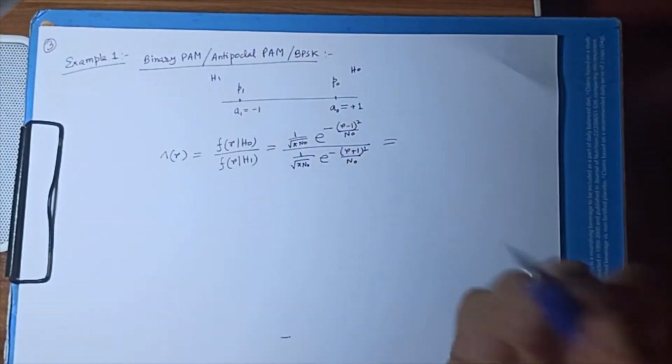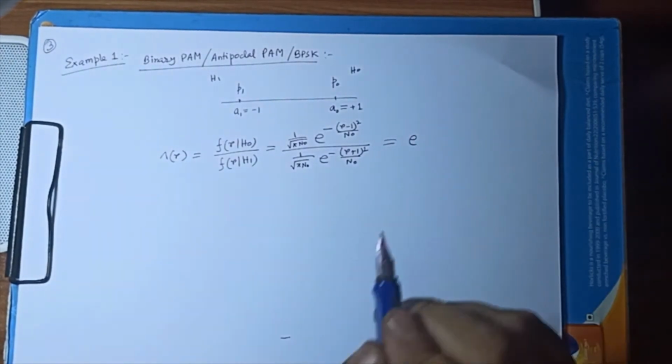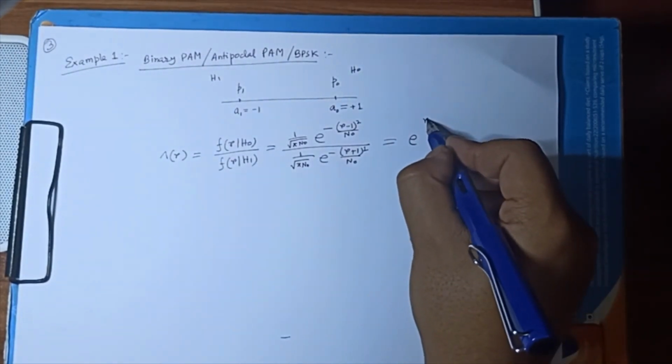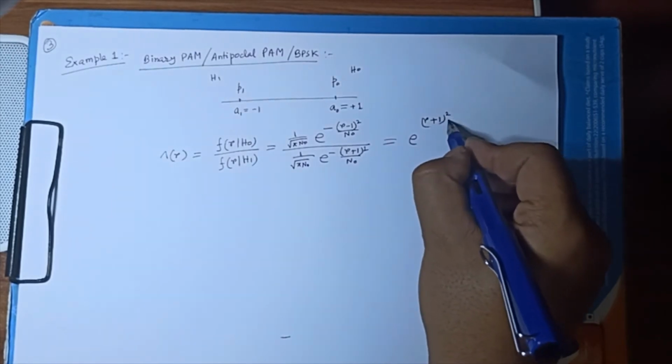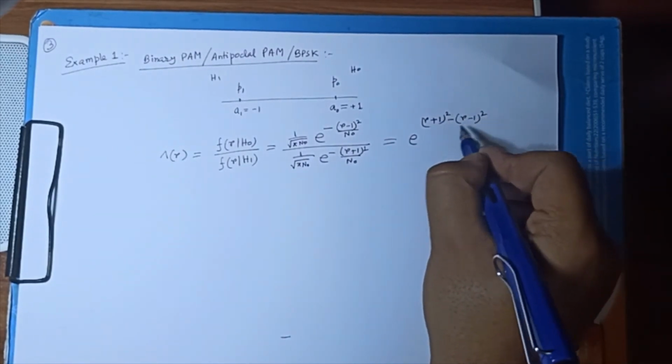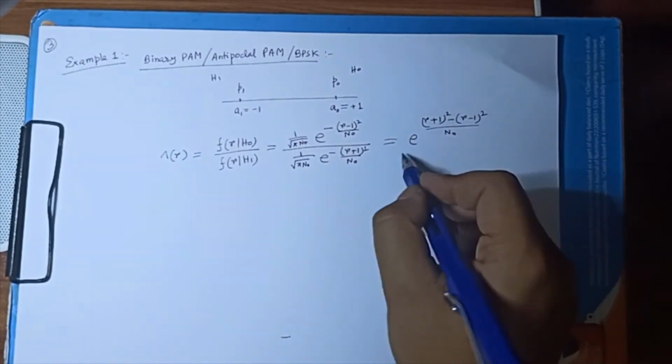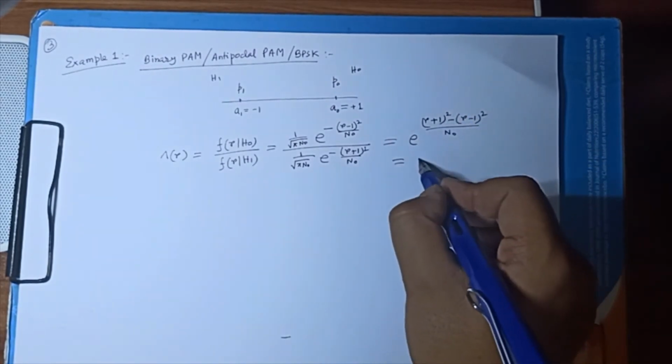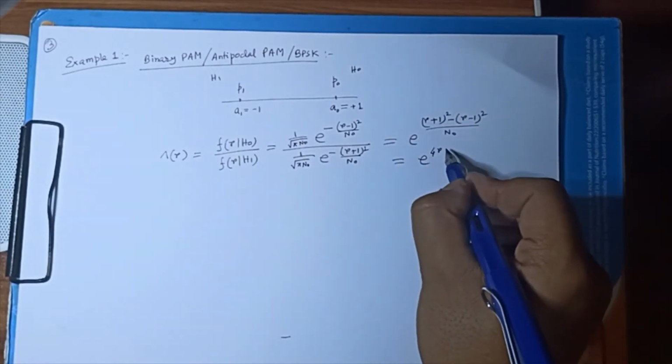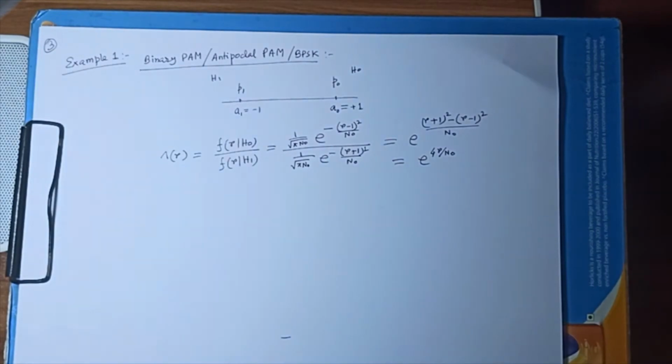So these constants cancel out. The remaining thing is e to the power r plus 1 square minus r minus 1 square by n0, and this I can compute as 4r by n0. So that is the likelihood ratio.